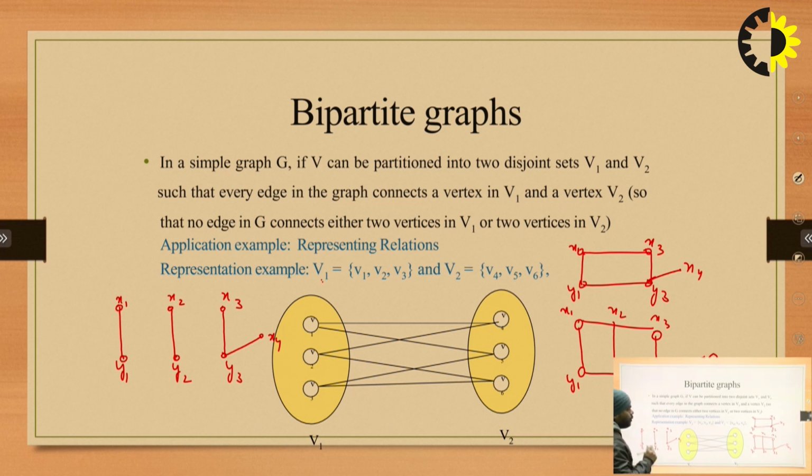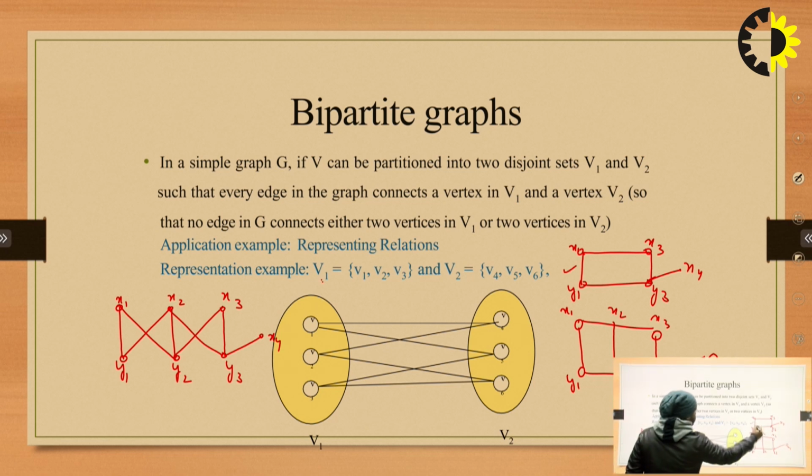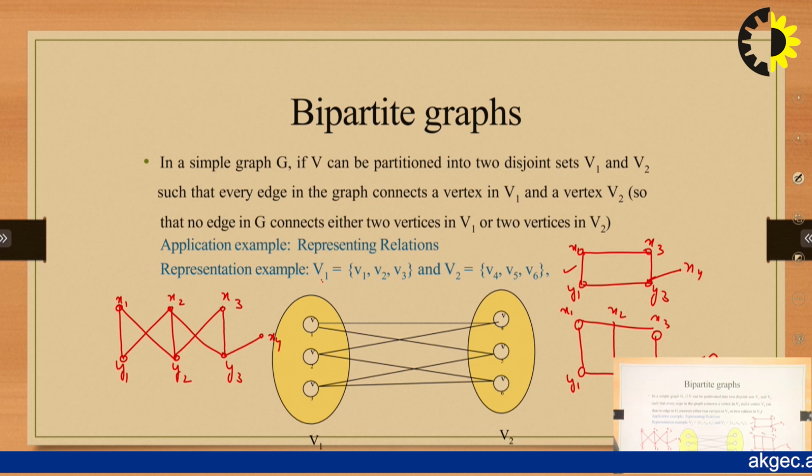As I have told you, you can't connect the adjacent edges, but we can connect this. This is a bipartite graph. Okay, this is the bipartite graph for this graph. You can understand it there.